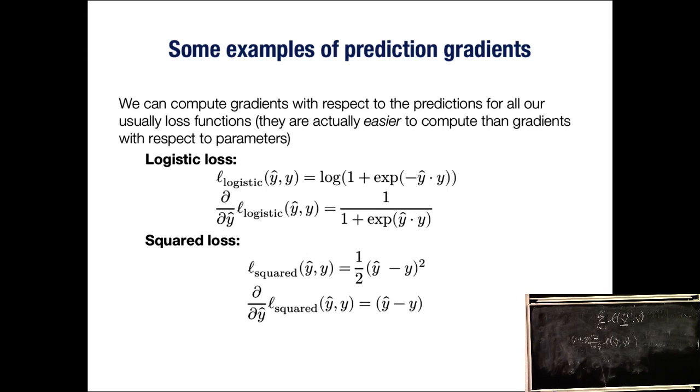So, for example, for the squared error, this is just equal to the prediction minus y. That's the derivative with respect to the prediction of the squared error. Similarly, for logistic loss, that's very similar to what I had for the gradient of logistic regression. It just does not have a theta or an x_i in there. We don't worry about that. We just worry about directly modifying the predictions themselves.